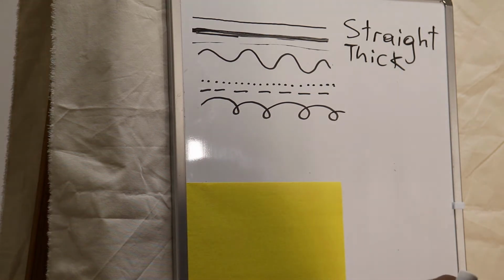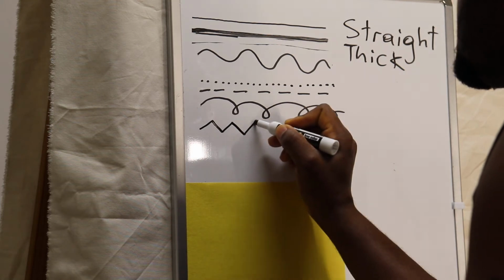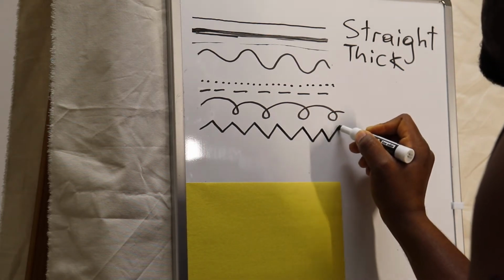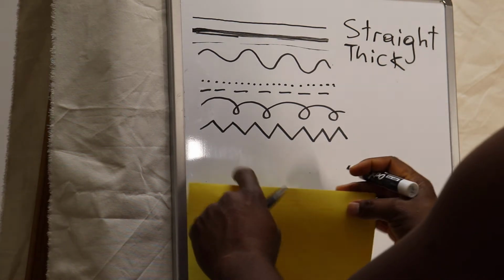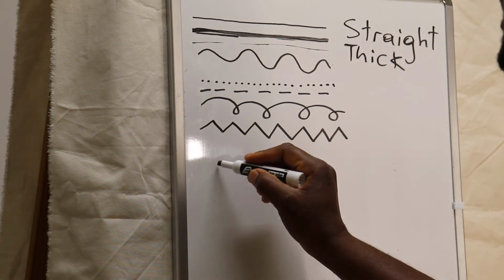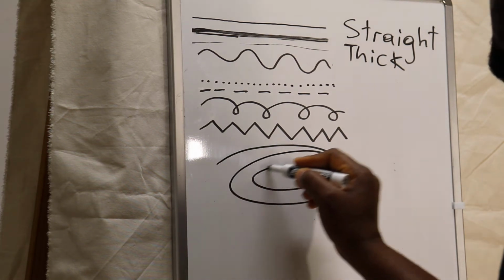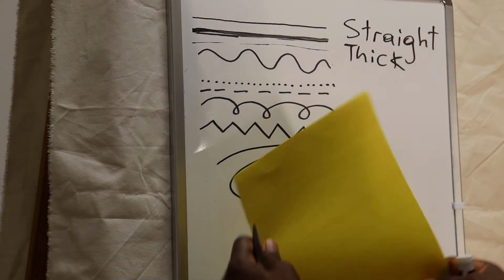Pretty much hope we have it all. Okay, how about a zigzag line? Spikes. Alright, so the spiral line could also be this way, like ripples, you know. So you can make the association with these.